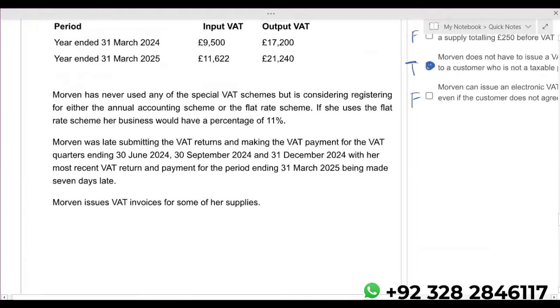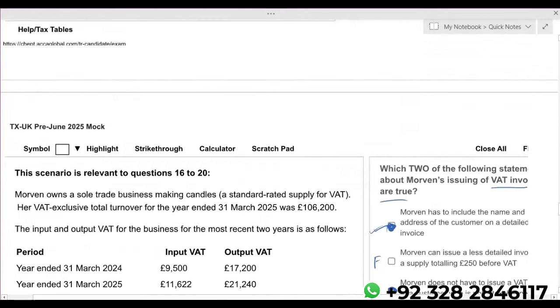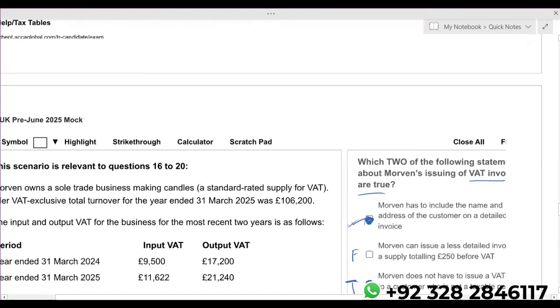Okay, students, I just wanted to discuss this question. Now, listen. In this question, the examiner has tested the concept and the rule of the flat rate scheme. Second, how much penalty we pay on late submission of a VAT return. Then if I'm issuing a detailed invoice, what it should include.